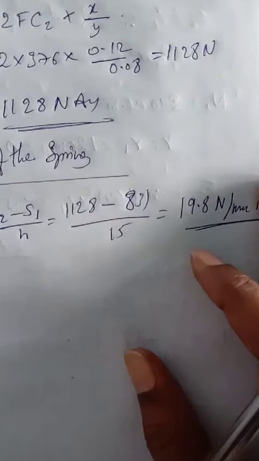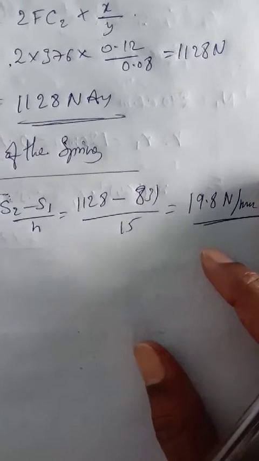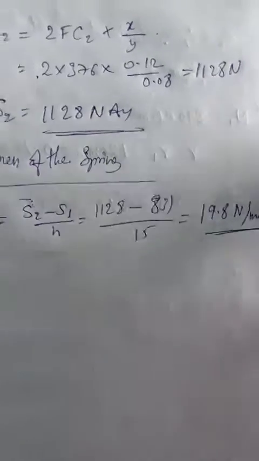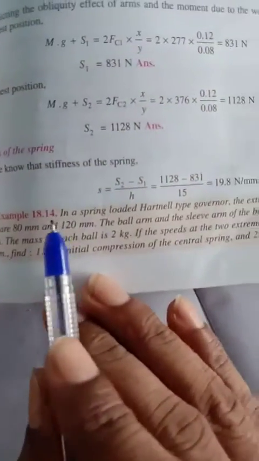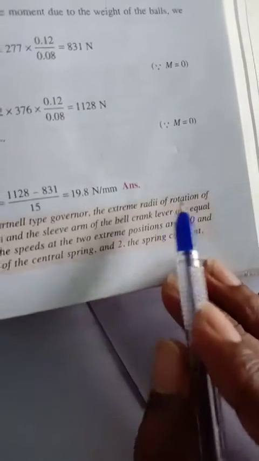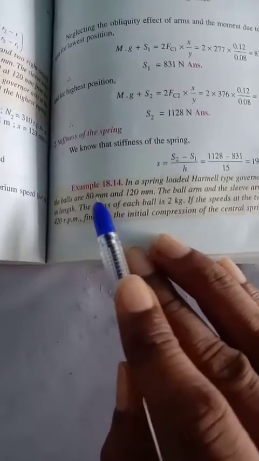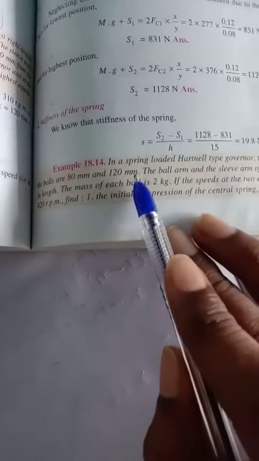And now here we will see another one. So look at this: in a spring loaded Hartnell type governor, the extreme radii of rotation of the balls are 80 mm and 120 mm.